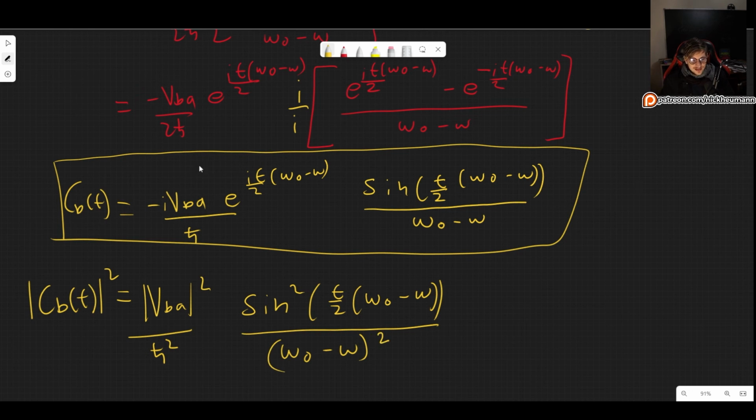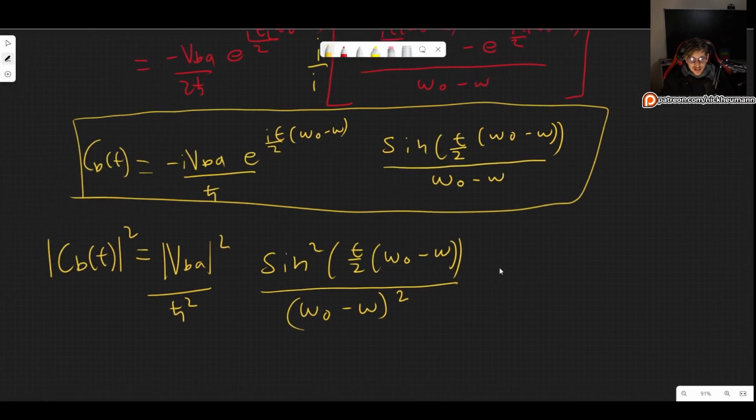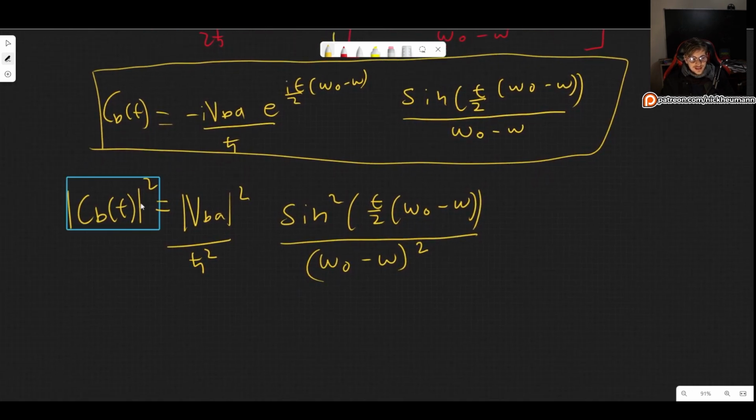So this gives us the probability of finding our particle in state B after having started out in state A, but interacting with, well, we haven't really given it the exact form of an electromagnetic perturbation, but that is what we will apply it to.